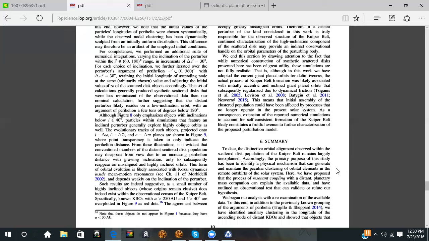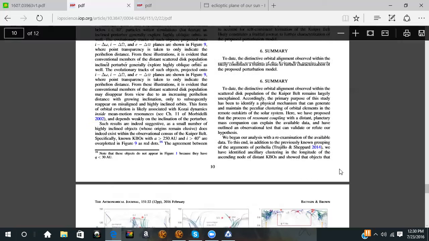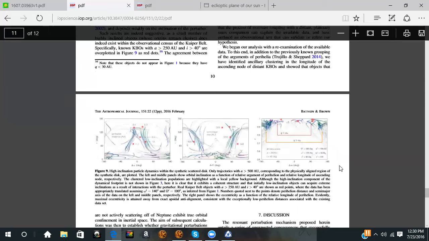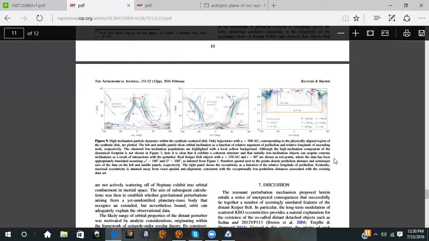We began our analysis with a re-examination of available data. To this end, in addition to the previously known grouping of the arguments of perihelion, we have identified an ancillary clustering in the longitude of the ascending node of the distant Kuiper belt objects. So what they're saying is they know where this thing's at.